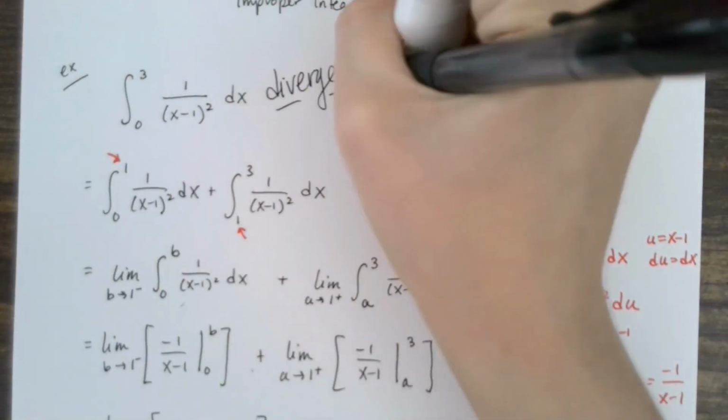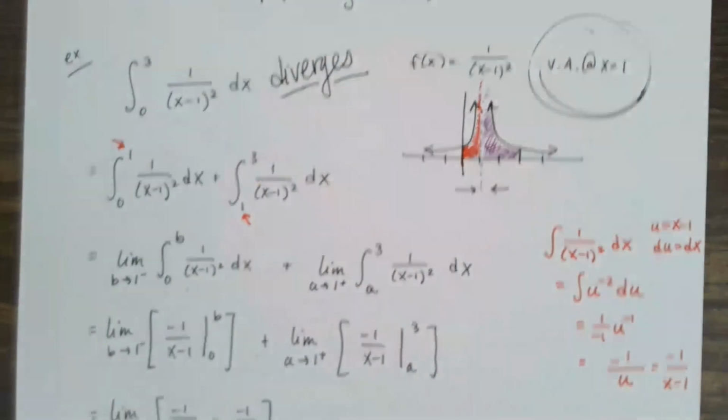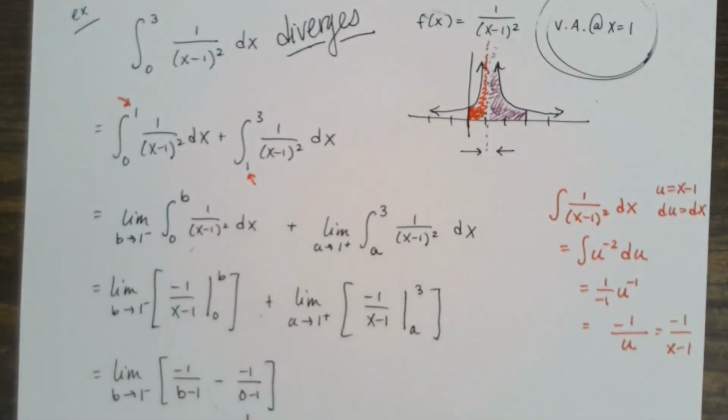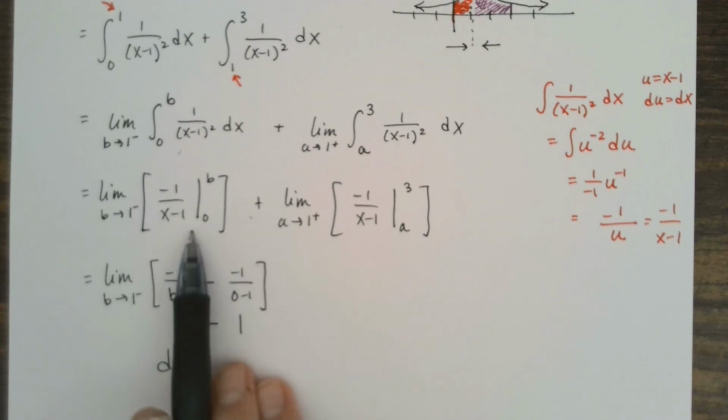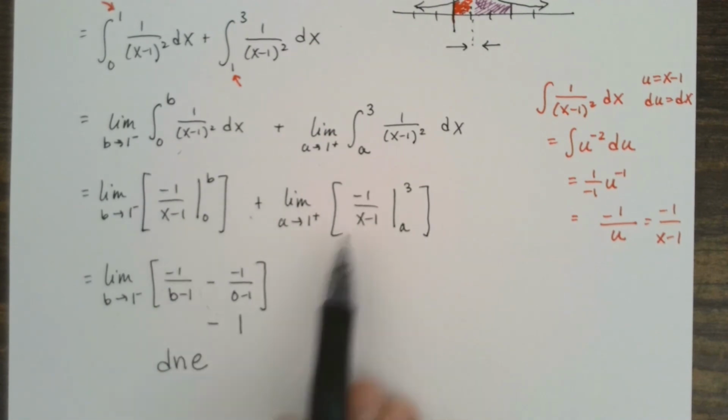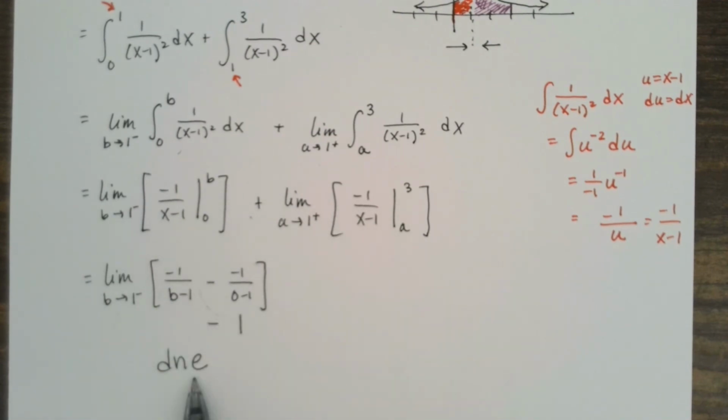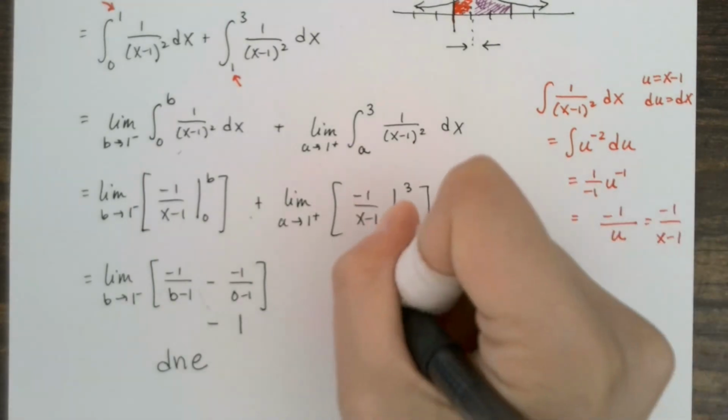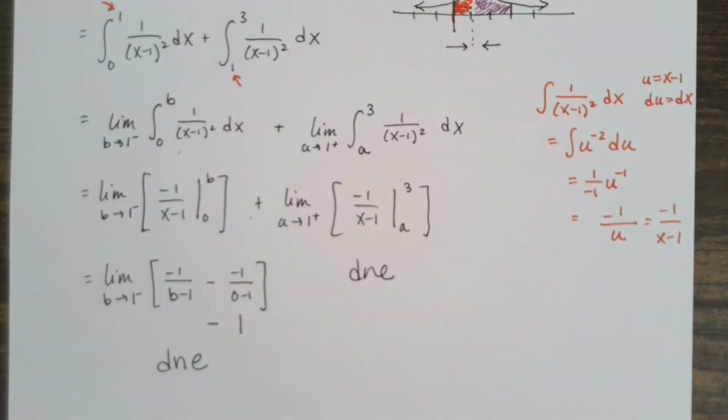That's the entire answer. What we did was break it up with that vertical asymptote in the middle. So if either one of these pieces or both comes up DNE from the limit, you're going to say that the integral diverges. And in fact, you get kind of a similar situation here where this also comes out to DNE.